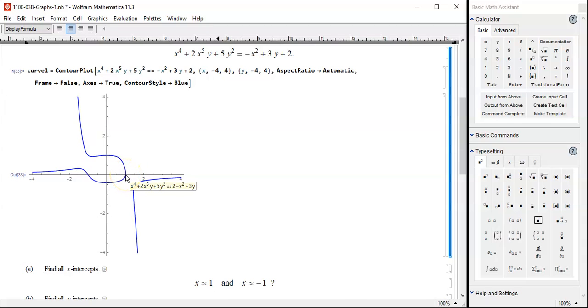I'm looking for the x-coordinate, but what's the y-coordinate? The y-coordinate is 0. Do you see it? The y-coordinate is the vertical distance from the x-axis, and I didn't move away. I'm right at the x-axis. So vertically, I moved 0. Same goes over here. So the y-coordinate is 0.